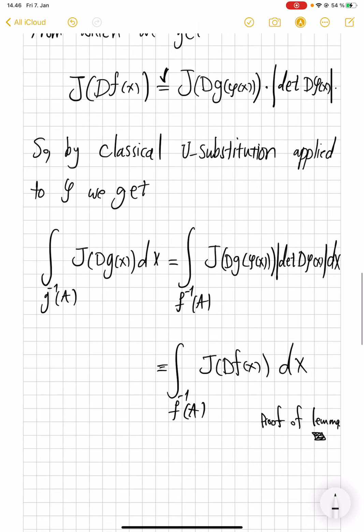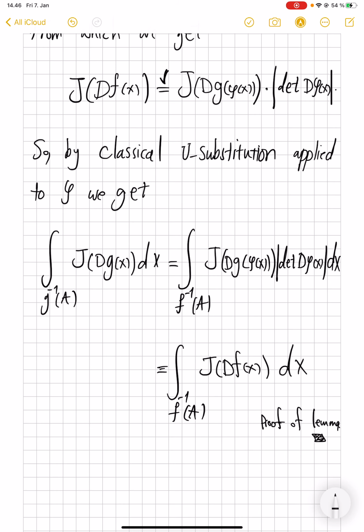Now we have the classical change of variables formula for integrals. We also call it u-substitution, as I did here, and when we apply it to this change of variables with phi, the change of variables identity becomes this.